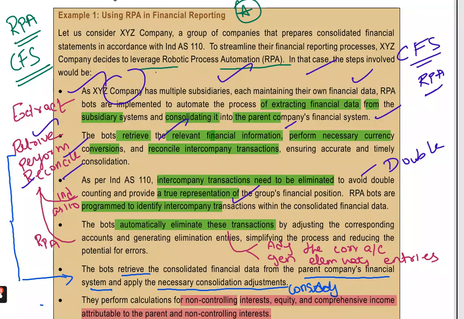But what the RPA does is automatically eliminate these transactions, by adjusting the corresponding accounts and by generating the elimination entries. These are the things the RPA is automatically doing. Once the intercompany transactions are eliminated, everything is done.